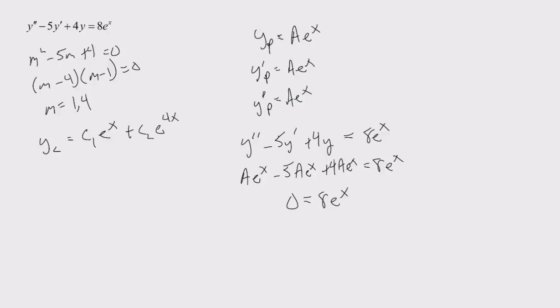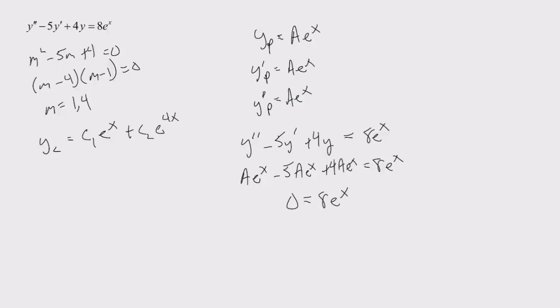Okay, so why didn't it work the way we want it to, and then what are we going to do about it? Well, if you look back to the complementary solution, e to the x is actually part of the complementary solution. So it's kind of why it fell apart on us, that our particular solution is also a component of the complementary solution, whereas before this hasn't come up yet.